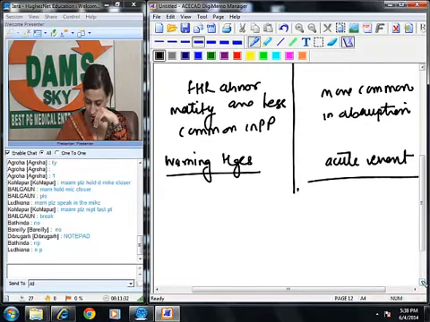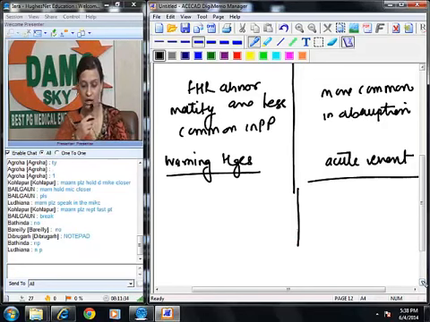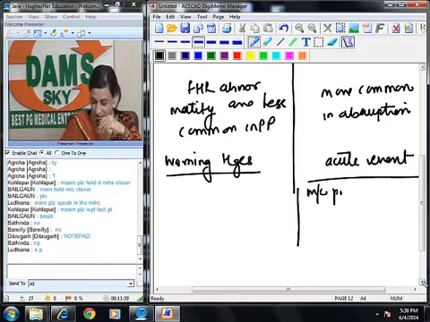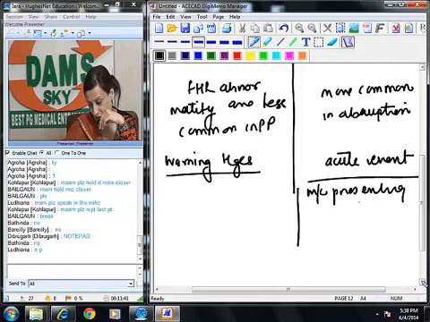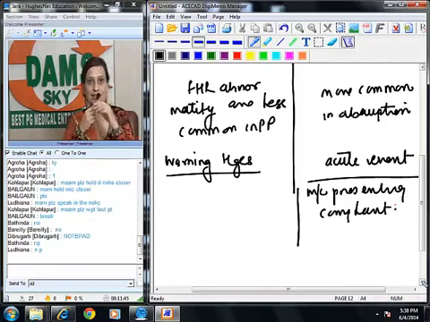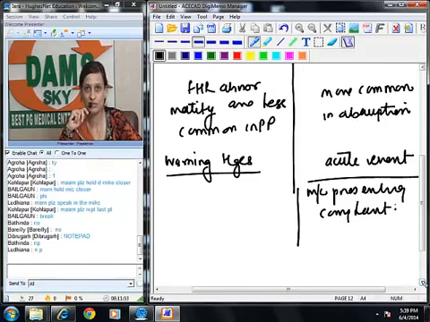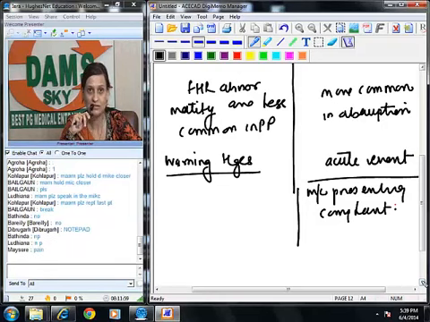Then if we still talk about abruption, if I ask you what is the most common presenting complaint, what is the answer? Is it pain or is it bleeding PV? Pain, says Mysore.